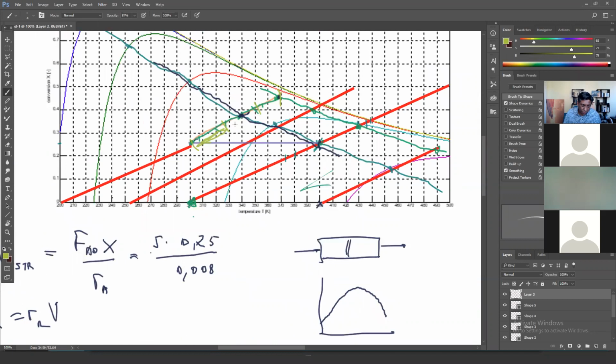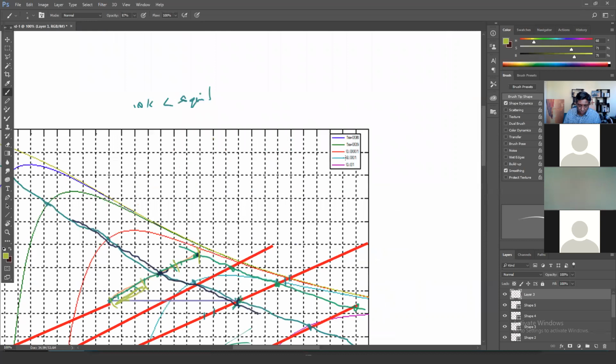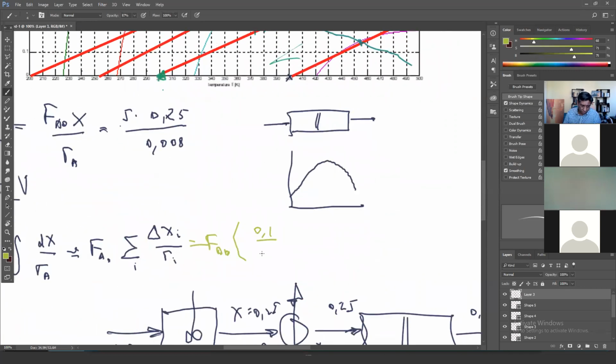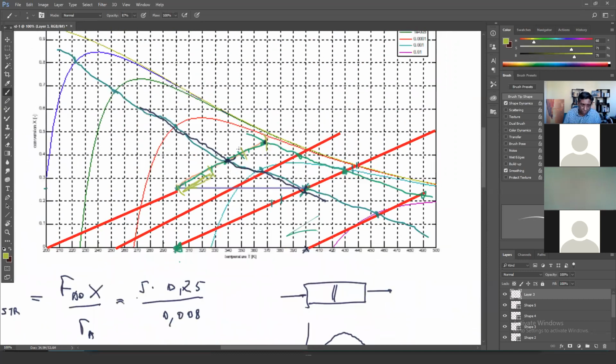You can see this region is sort of in between the teal and the red, so I'm going to call that 8 times 10 to the minus 4. Plus, and then you do that for the other parts.